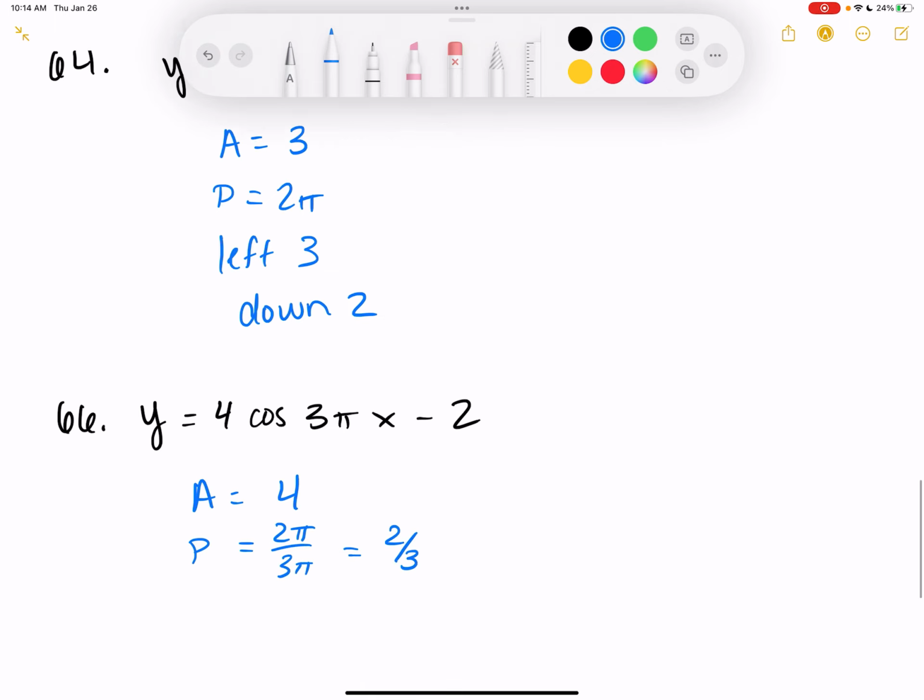And then right 2. Oh no, down 2. I automatically put parentheses. Stupid brain. And they could also just put parentheses and not put anything outside of it, which would indicate just right or left. There would be nothing up and down.